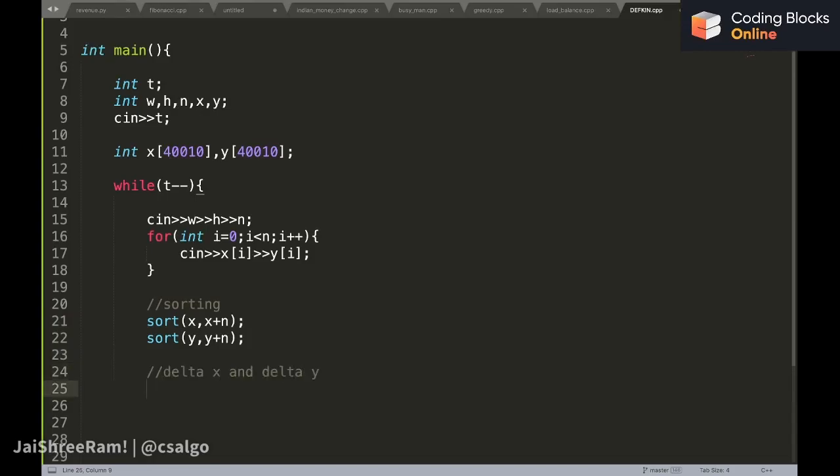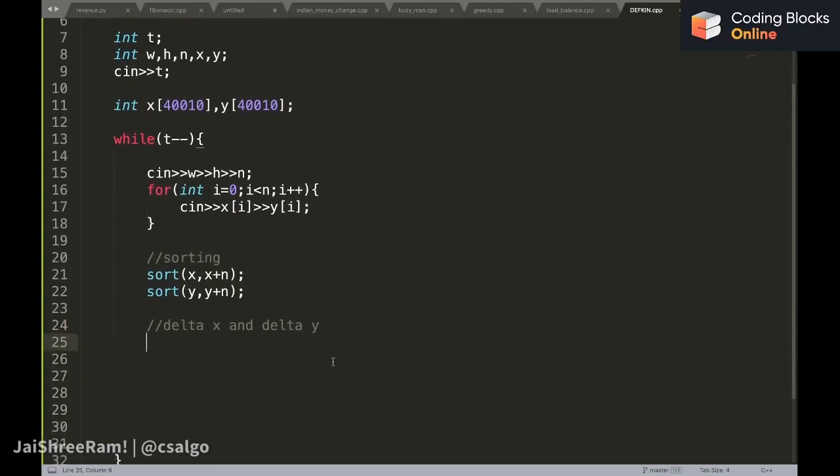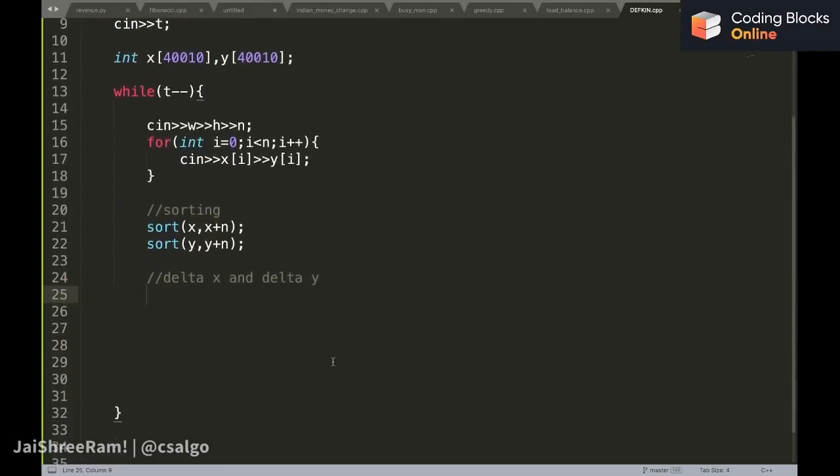Okay, so firstly we will calculate delta x between two consecutive towers, and then we will handle the corner cases.